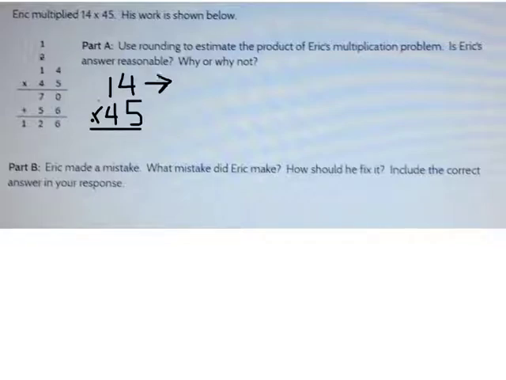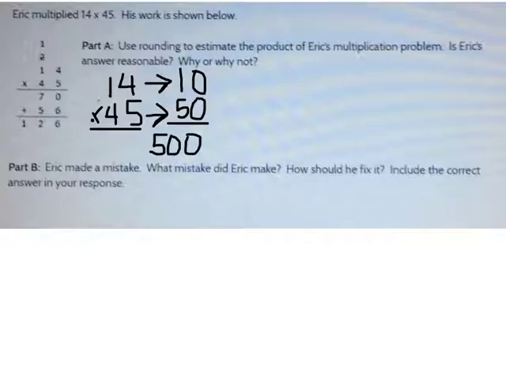What number is close to 14 that we could use to get a reasonable estimate? Yes, 10. What number is close to 45 that we could use to get a reasonable estimate? If we round it to the tens place, we would get 50. What's 50 times 10? 50 times 10 is 500.